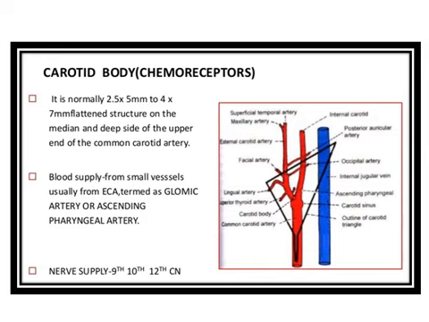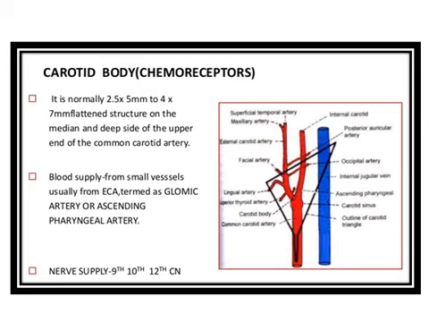It is normally 2.5 by 5 millimeters to 4 by 7 millimeters, a flattened structure on the medial and deep side of the upper end of the common carotid artery. Blood supply is from small vessels, usually from the external carotid artery, termed the glomic artery or ascending pharyngeal artery. Nerve supply is from the glossopharyngeal nerve, vagus nerve and hypoglossal nerve.